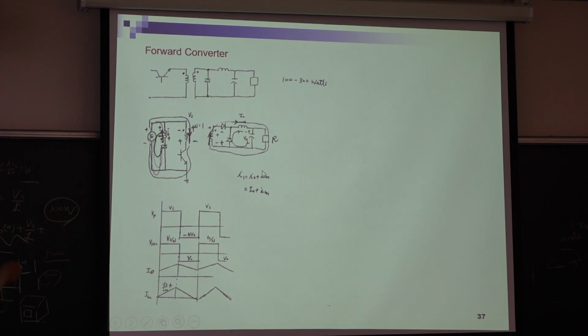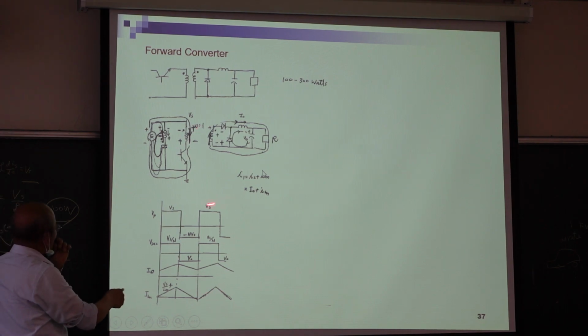And how about the current? If we turn on, then the current increases. If we turn off, the current decreases. So we see the magnetization current. If we turn on, then the magnetization current increases. If we turn off, then the magnetization current reduces. So the magnetization current should be discontinuous.